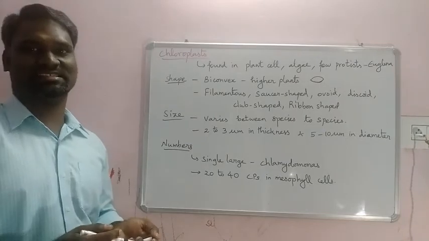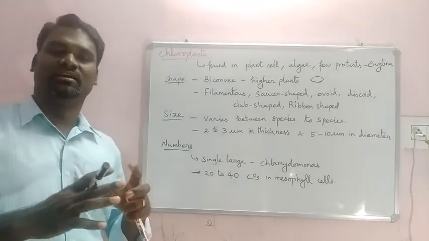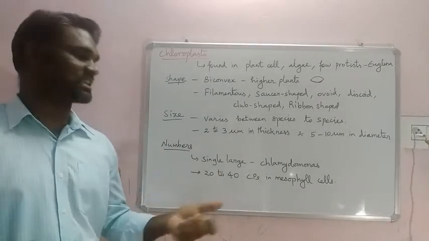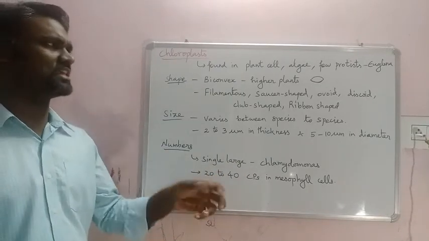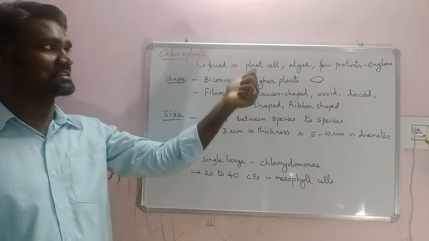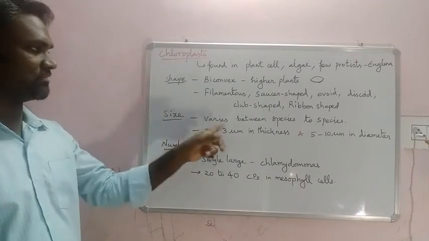So what will be the size? The size varies seriously from species to species. For example, one of the largest I can say is from the case of Chlamydomonas. In the same way, even within a plant cell the size differs from species to species. That's what I have written as the first point.